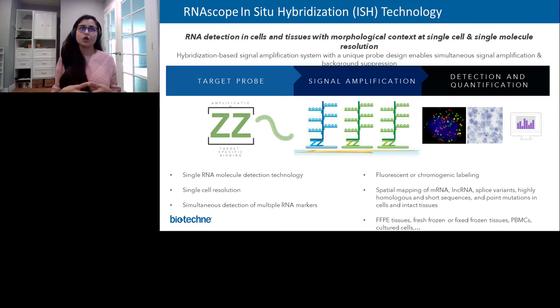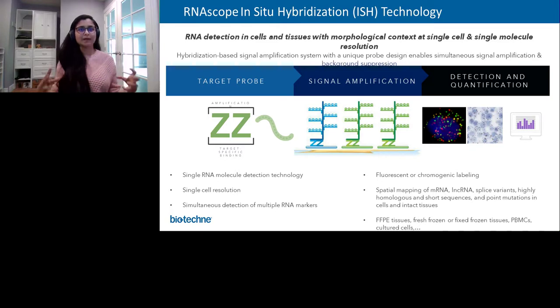The 3 major parts of the RNAscope technology are the target probe design, where ACD will design a specific target probe against the mRNA transcript of your interest. The signal amplification strategy, which includes a proprietary amplification system, which allows very high signal-to-noise ratio. And a detection and quantification system, which allows visualization of a single molecule of RNA at single cell resolution.